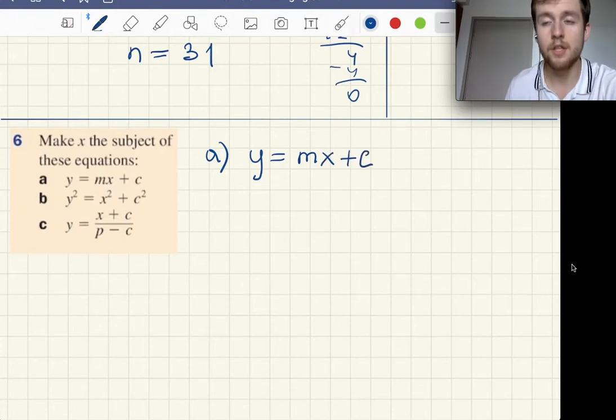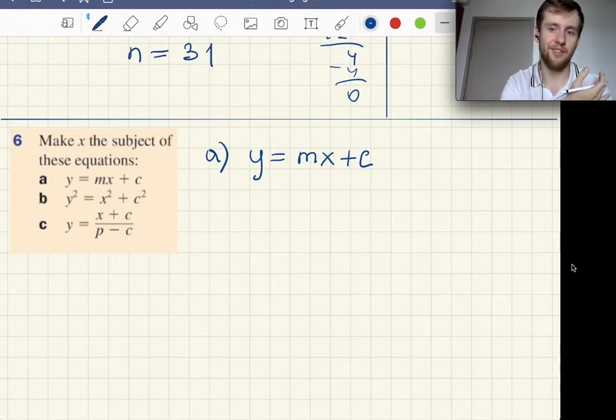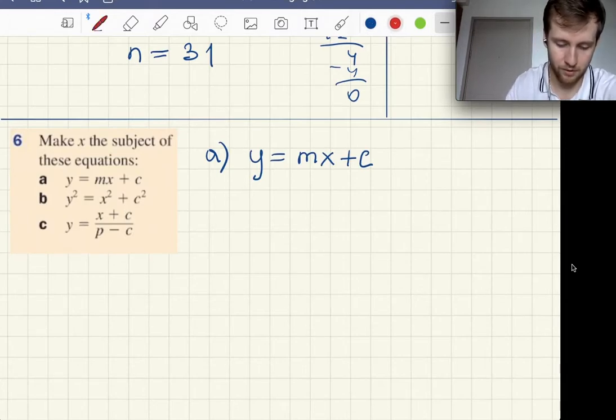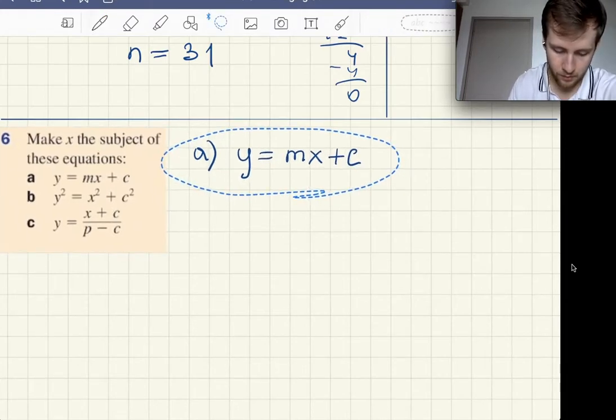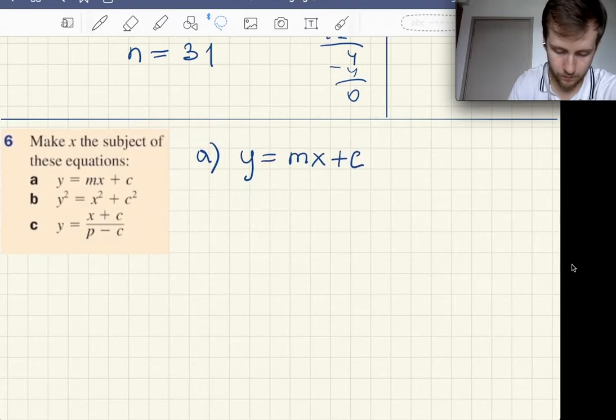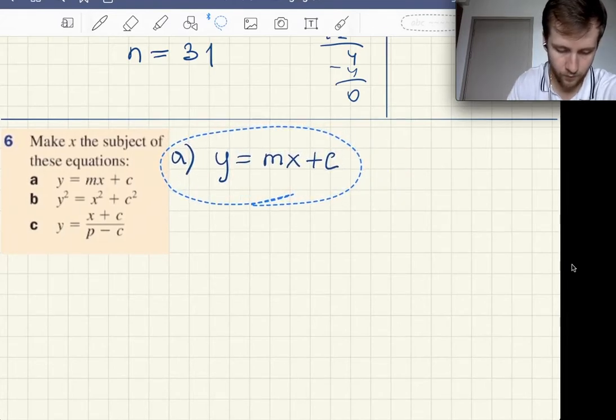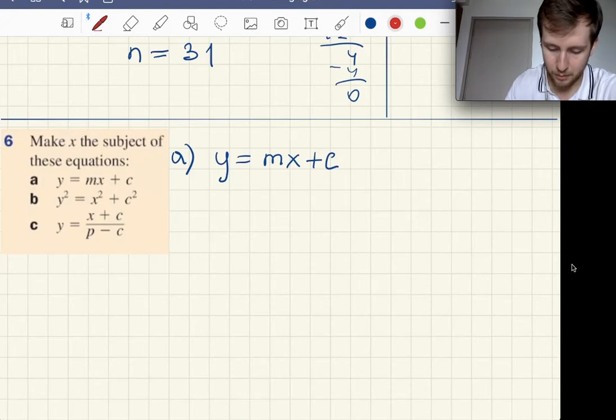plus c. Okay, so the way to do this is we have to use BODMAS, but now we actually have to use BODMAS in the opposite direction. I will try to explain what I mean. So again, this is our a. So BODMAS but opposite.